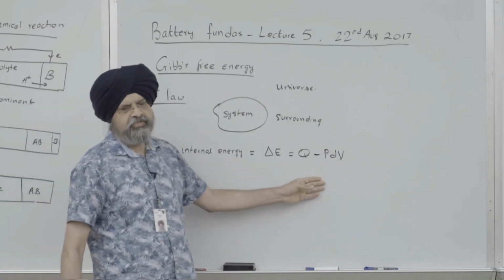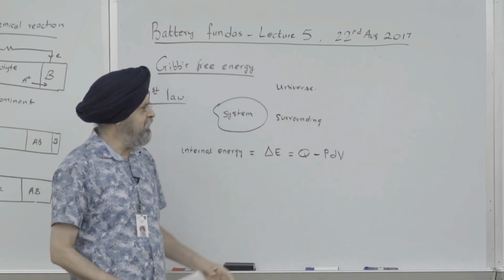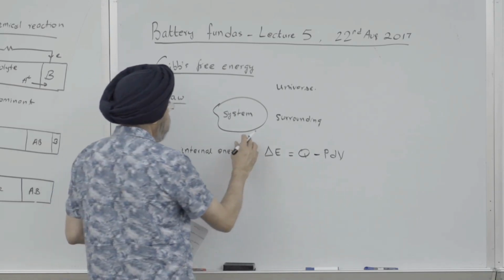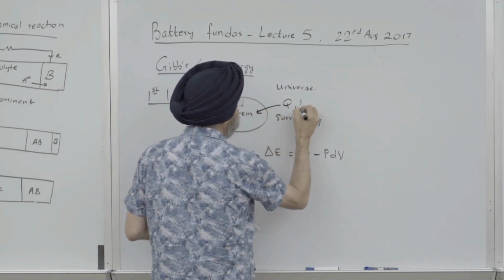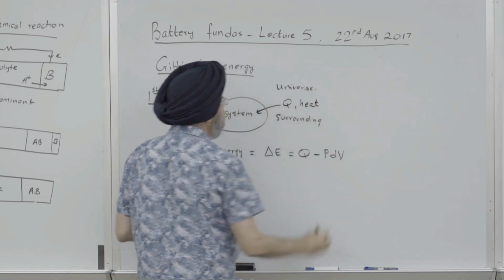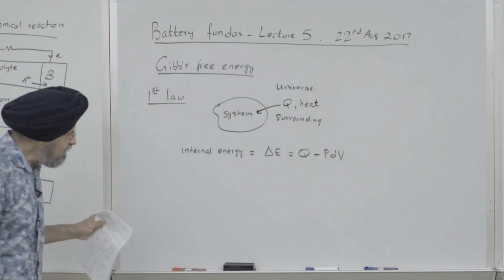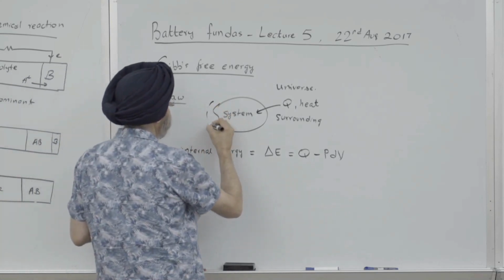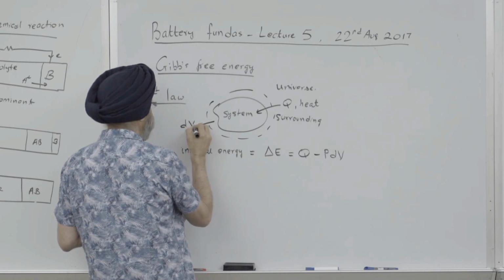They'll say the first law is conservation of energy, right? But we need to do more than that. Q is the heat that enters the system from the surrounding. When that happens, the system changes volume by dV.